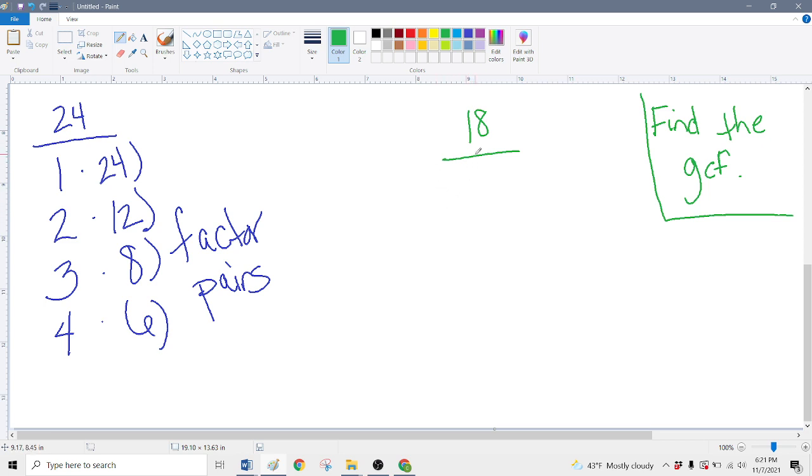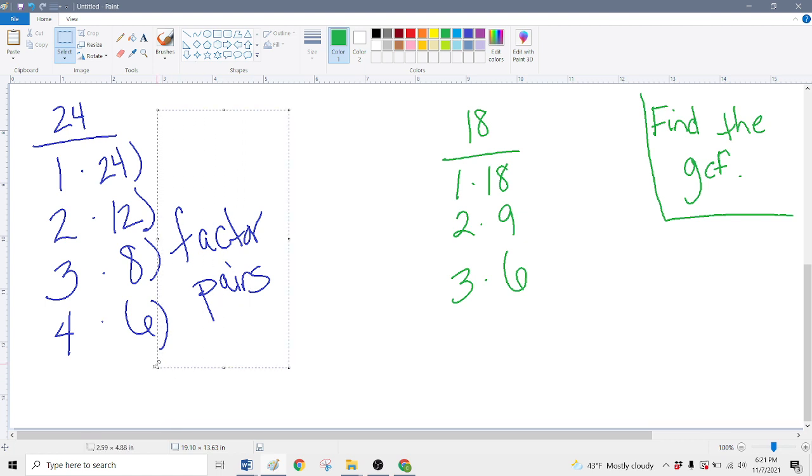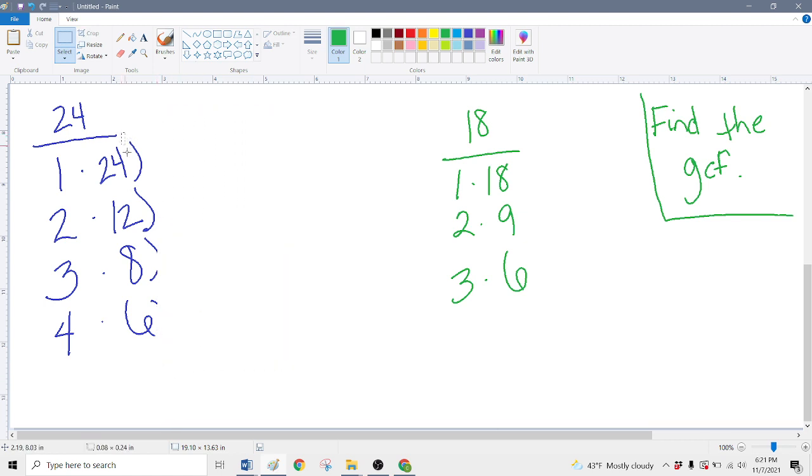All right, now the factors for 18, we always can divide evenly by 1, of course, but we also have 2 and 9 and 3 and 6. So those are all of the factors for the number 18. There are no other whole numbers that we can divide 18 by and get a whole number answer, okay?